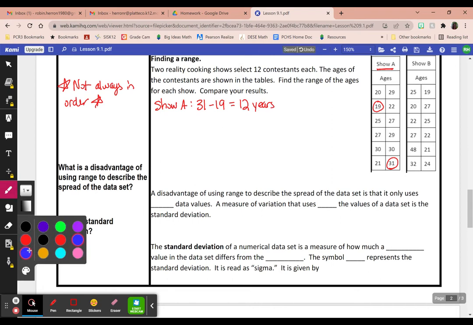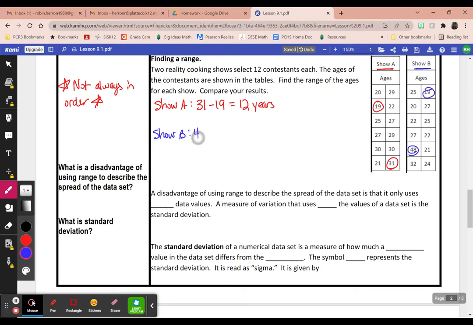And then if I switch over to show B, the smallest age there looks to be 19 as well, but the largest age is 48.